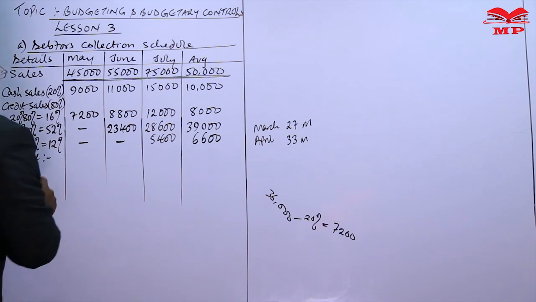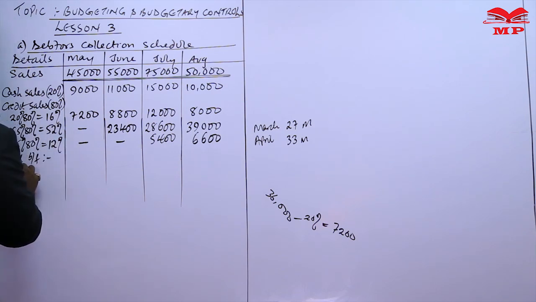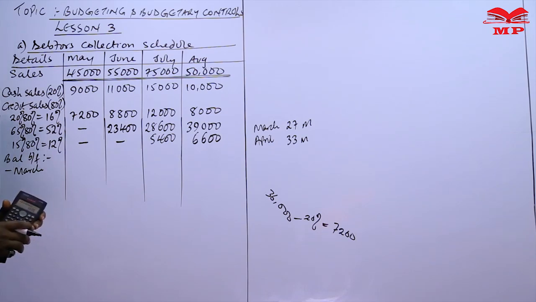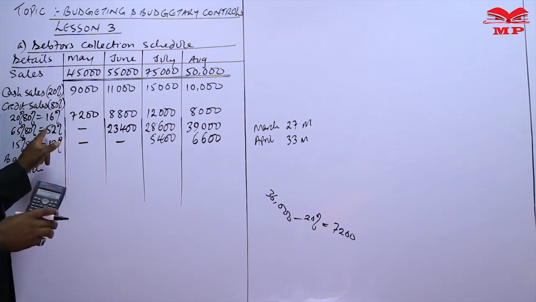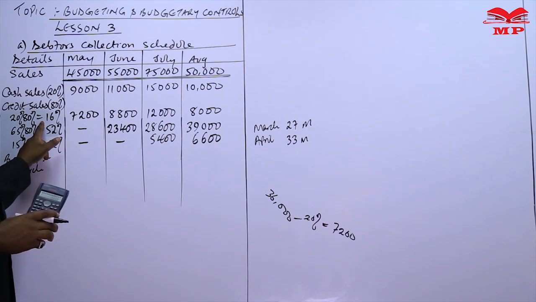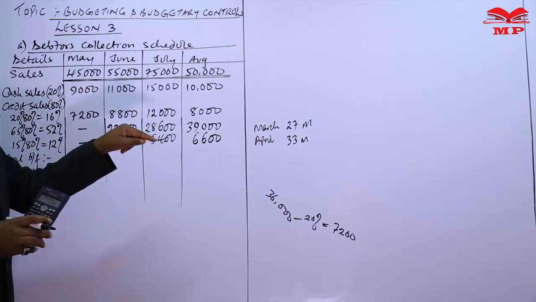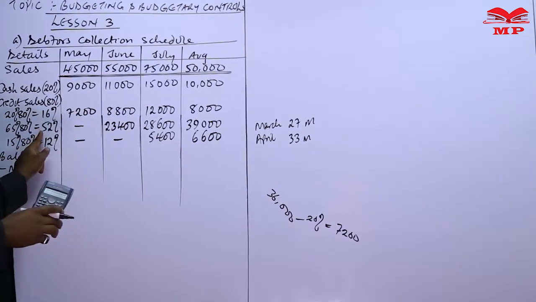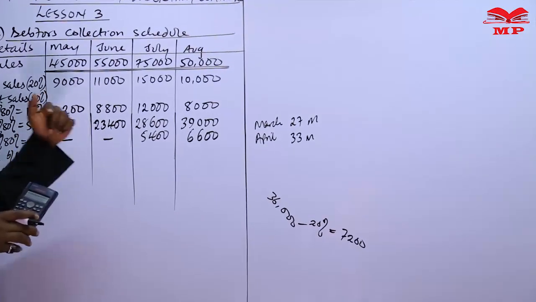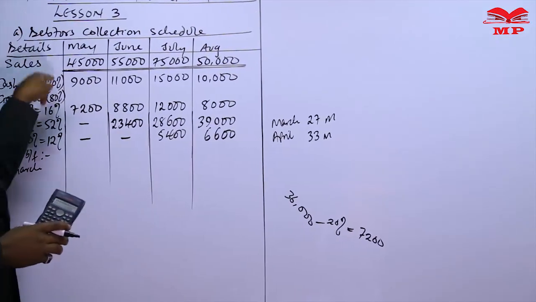So we're going to have for the March, 16% was collected in the same month of March. 52% was collected in the month of April, which is not in this.